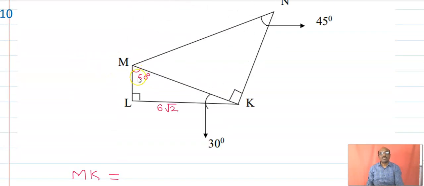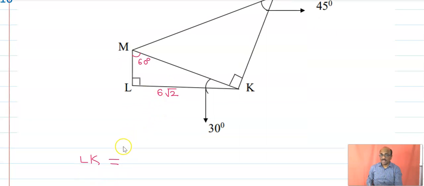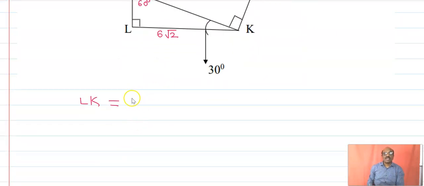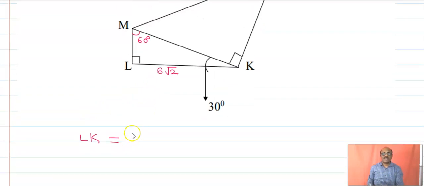Therefore, I will write here LK is equals to. LK is equals to means what? Side opposite to angle 60 degree is root 3 upon 2 into the hypotenuse, which is the MK.